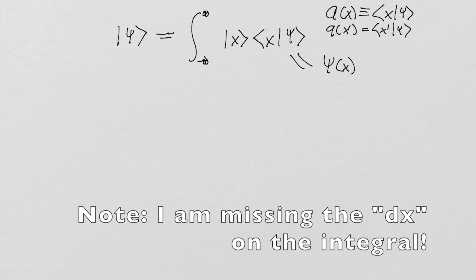But let's back up a step. Let's not make the wave mechanics replacement, because if we make it, we don't get to see this cool thing, that this part here is an operator. We use our associativity of all of this stuff, and we look at it this way, and we see that this is an operator.